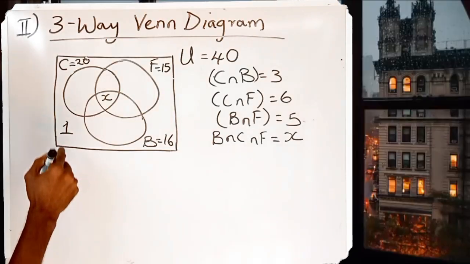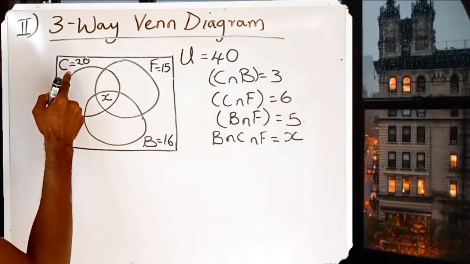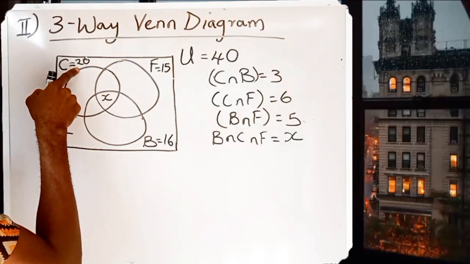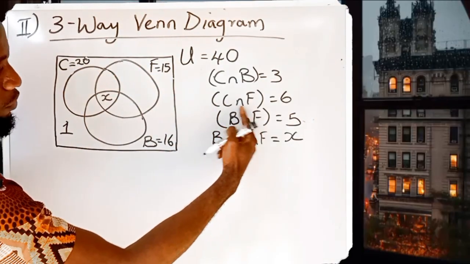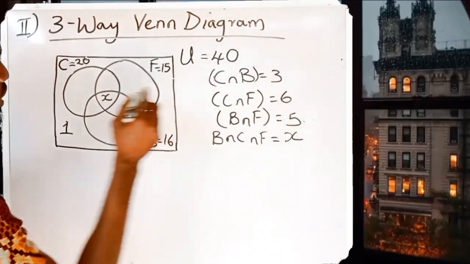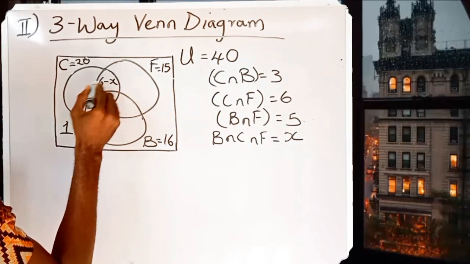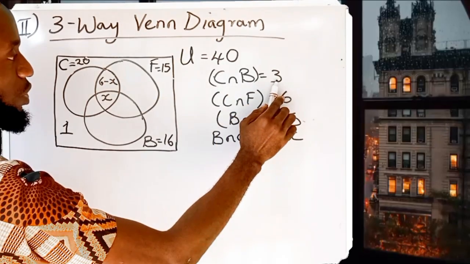Having done that, let's start filling in the values of only now. Chess and football was given as 6, but since it is not only, we are going to write 6 minus X. Chess and basketball was 3.